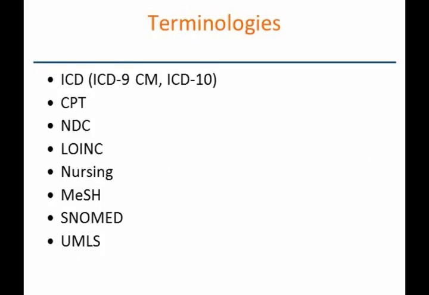The terminologies that we'll briefly discuss are ICD-9, International Classification of Diseases, and there are several versions of it, CPT, NDC. These are all sets of abbreviations that have no meaning to you, but we're certainly going to drill down. I've already mentioned SNOMED and UMLS, and we'll talk about those in a second.